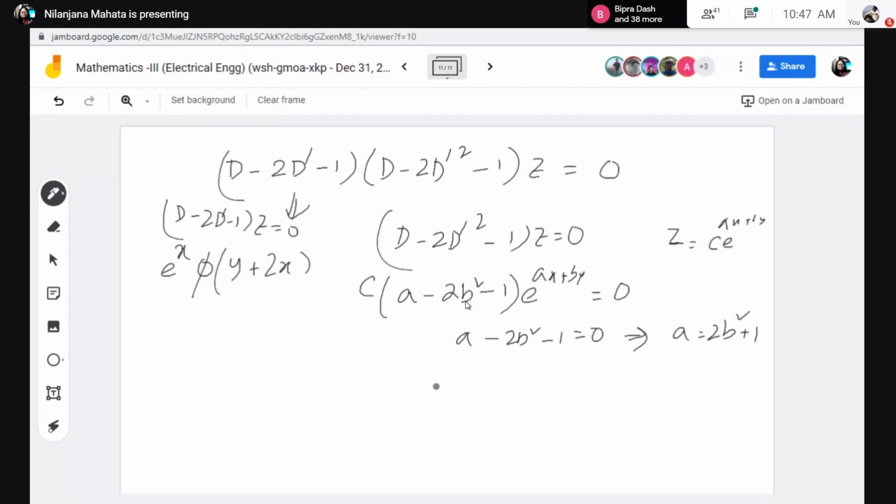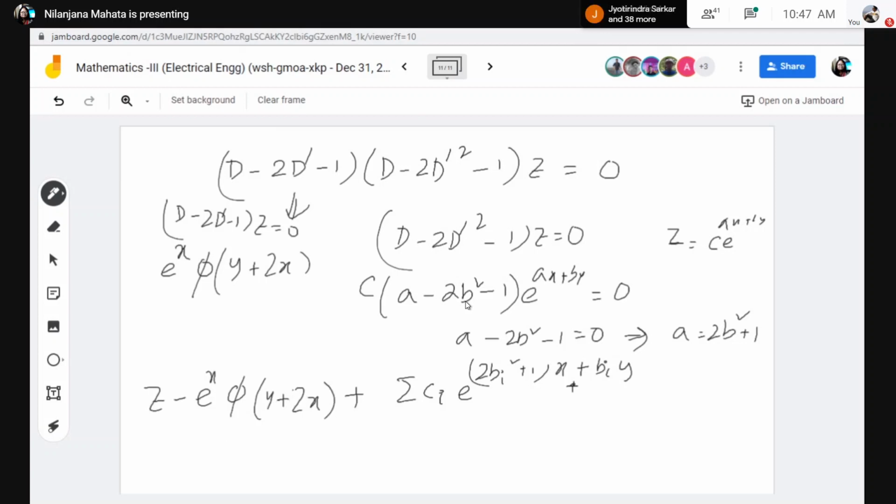So in the general solution, you will have summation c i e to the power ax, you will put 2 b i square plus 1 x plus b i y. So this is this, and you will sum this with e to the power x phi of y plus 2x. This is your complementary function z. Okay, so you will be able to do this type of problems.